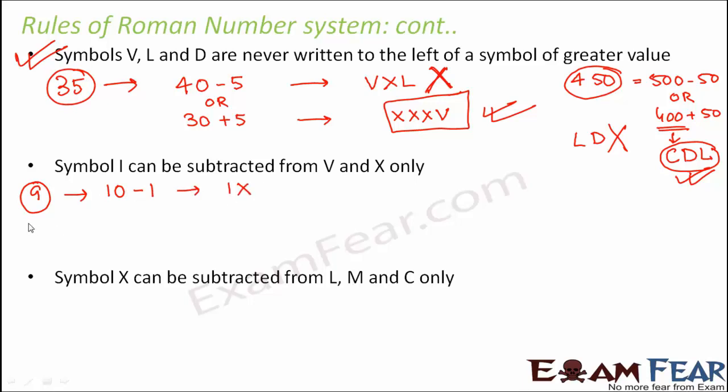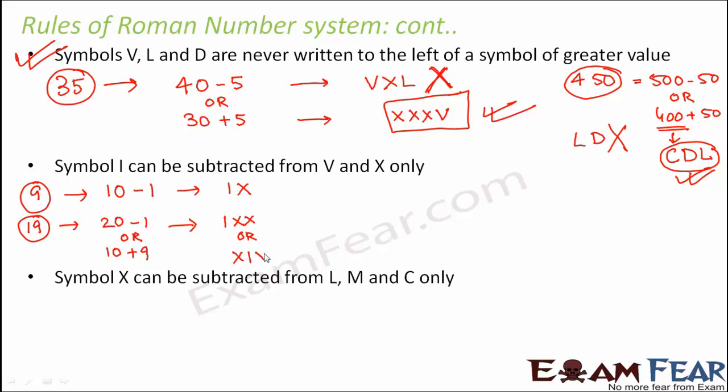Now let us suppose you have to write 19. Now 19 can be 20 minus 1, or it can also be 10 plus 9. So if you write it as 20 minus 1, then it would be something like this, because this is 20 minus 1. Or if you want to write it as 10 plus 9, then it would be something like this.